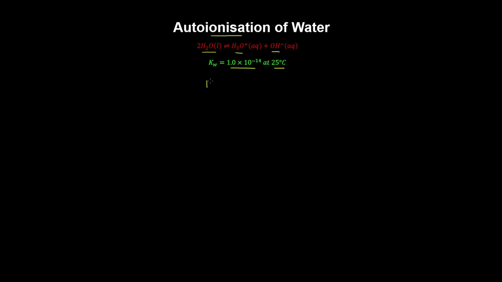So now we can write this equation using the concentrations of the hydronium ions and the hydroxide ions, which have stoichiometric coefficients of 1 in this balanced reaction. And this is equal to 1 by 10 to the negative 14 at 25 degrees.